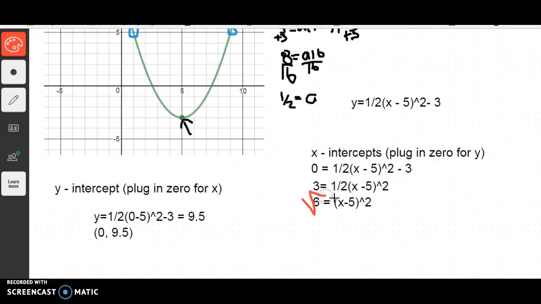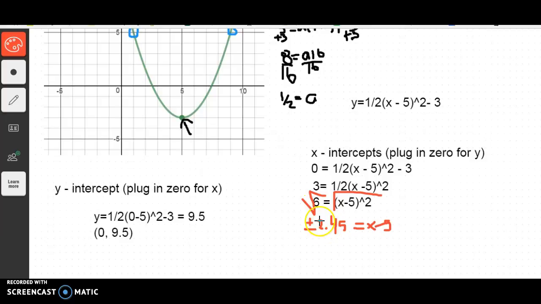I'm going to take the square root of 6 and the square root of this side. Okay, so when you take the square root of 6, you're going to get plus or minus, remember, and you're going to get 2.45, always round to 2 decimal places. And then this side is going to be equal to x minus 5.